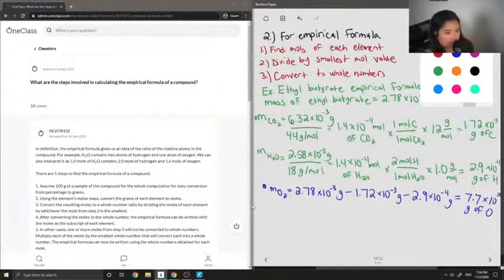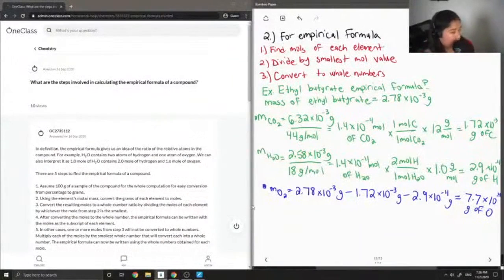So next, I am just going to find the moles of each element. The first part, I found all the different masses, so now I'm actually just going to find the moles of each atom. For carbon, it was 1.72 times 10 to the negative 3 grams.